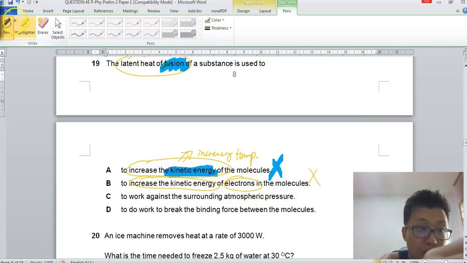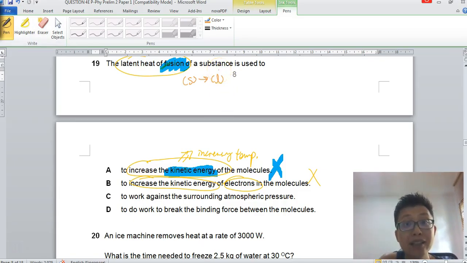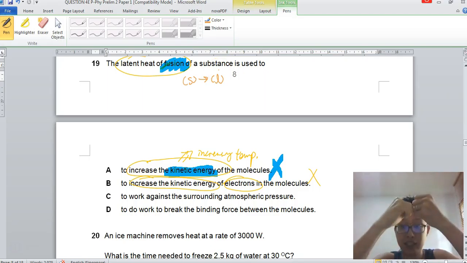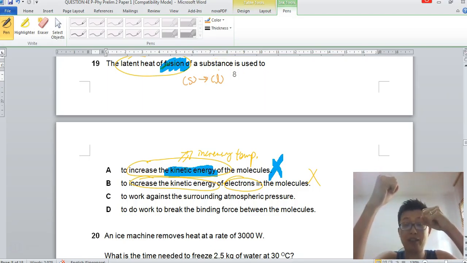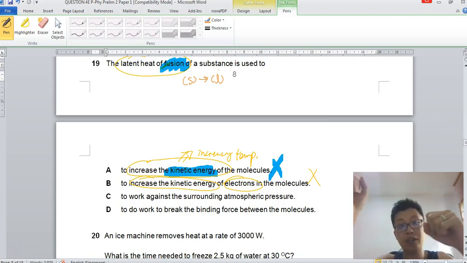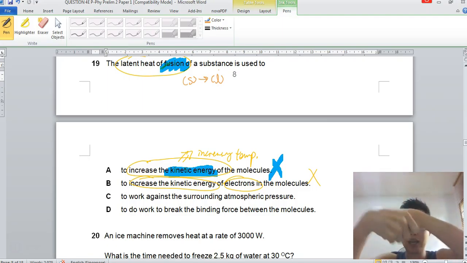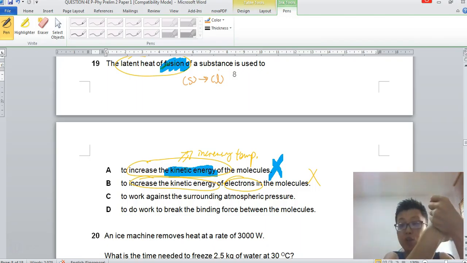Fusion means that you are turning solid to liquid, and in liquid there are still intermolecular forces. It is not like gas. In gas, you really break the intermolecular forces. That's why the gas particles can go freely. But in liquid, they are just sliding over one another. They are still bound by intermolecular forces.